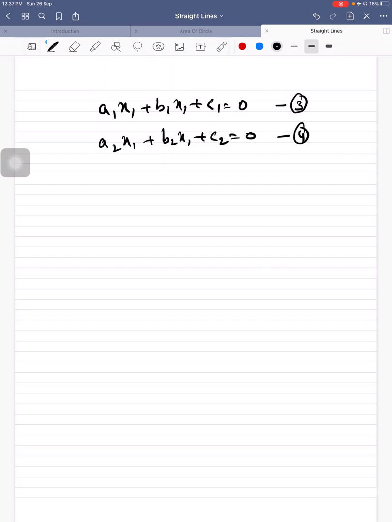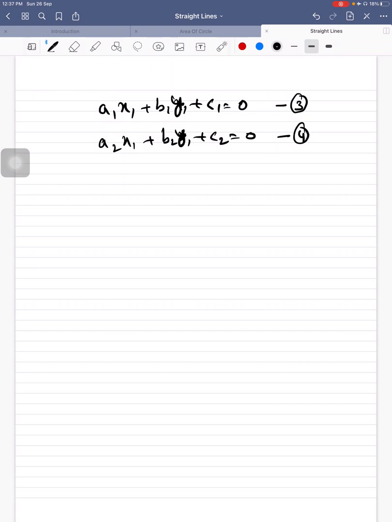This is the fourth equation. By solving 3 and 4, we get x1 and y1.